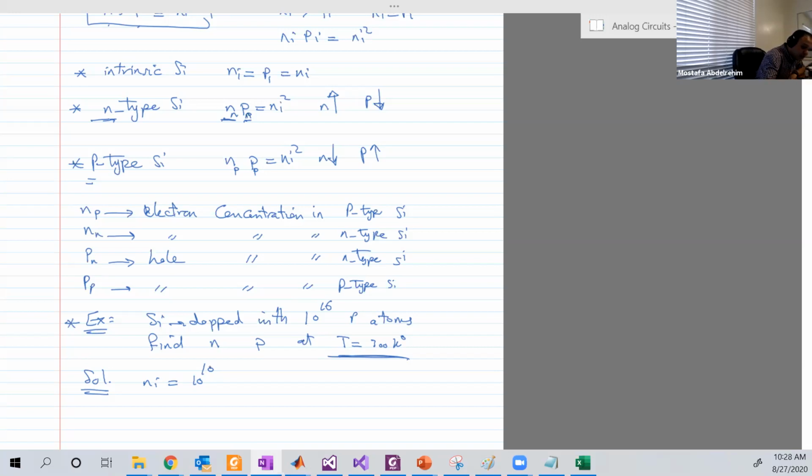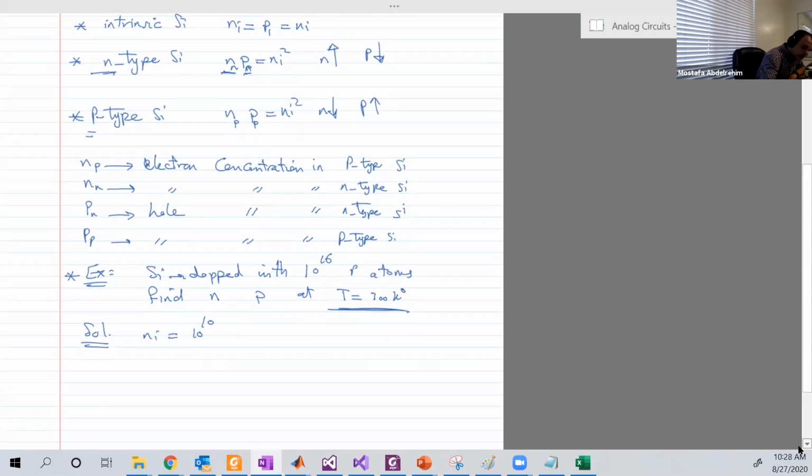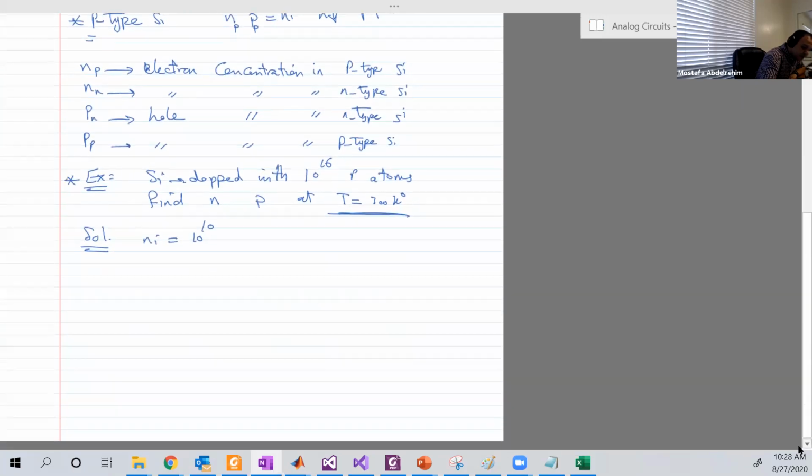So there are two solutions here, and both will give you the same answer, of course. There is the approximate solution, and there is the exact solution. What does the approximate solution say?